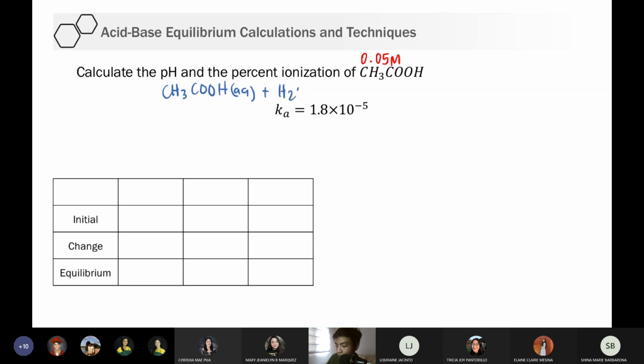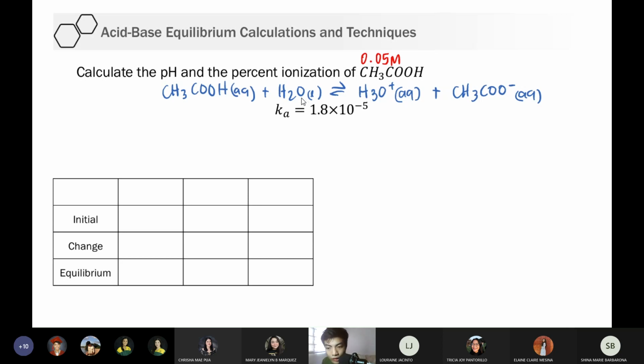Plus water. Water will serve as our base. They will produce H3O+ hydronium ion and acetate ion. Lagay mo sa ice table yung aqueous species.